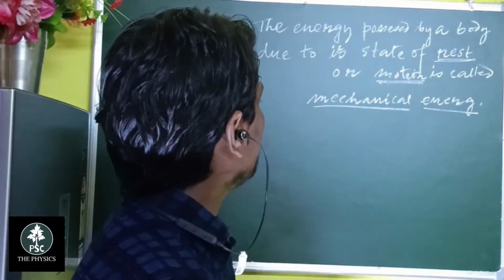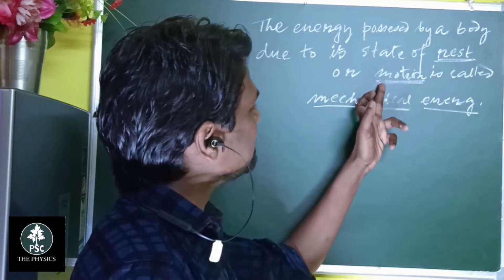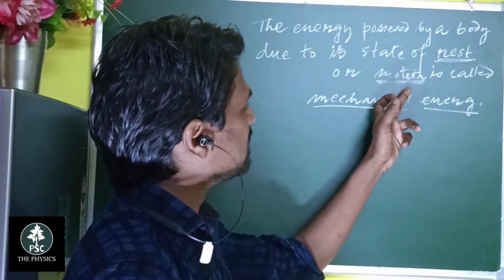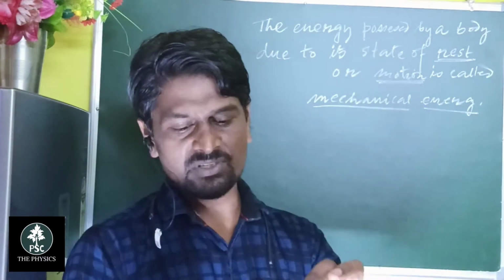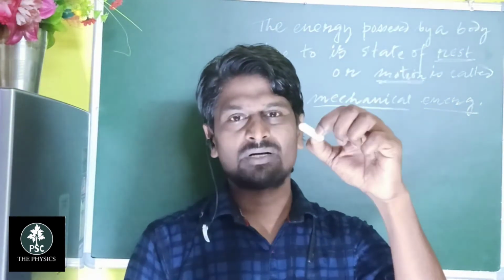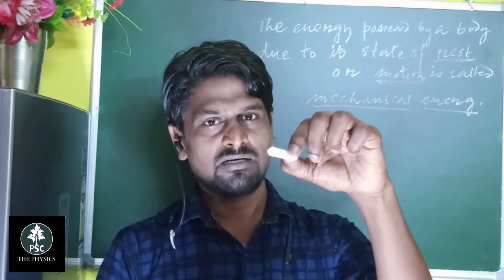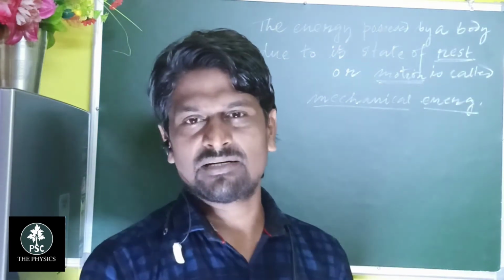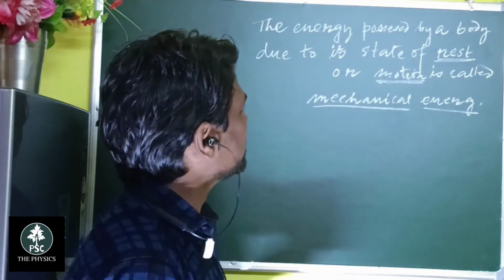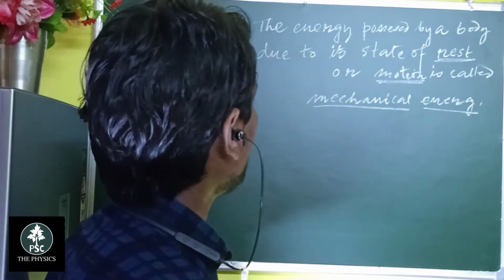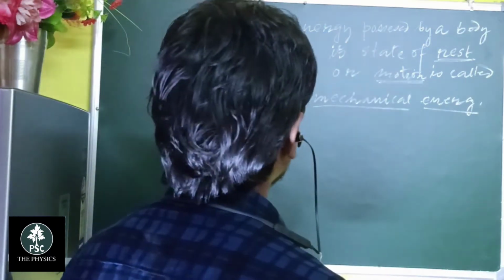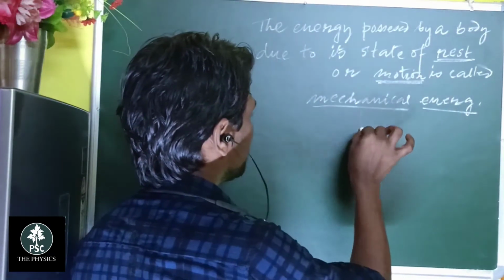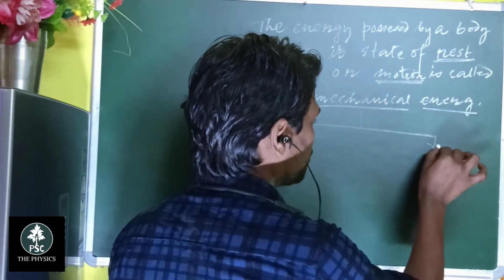The bullet is in motion, and if we place this chalk at some height, then it possesses potential energy, that is mgh. So the energy possessed by a body due to its state of rest or motion is called mechanical energy, and this mechanical energy is of two types.